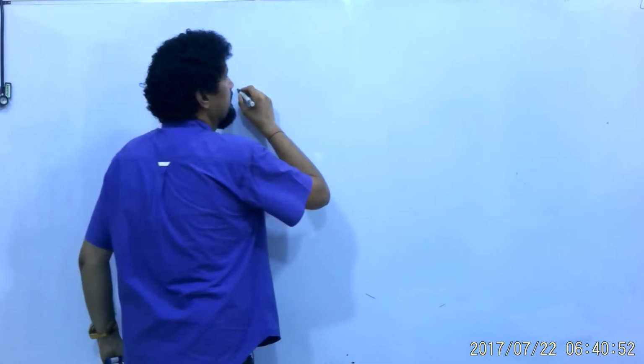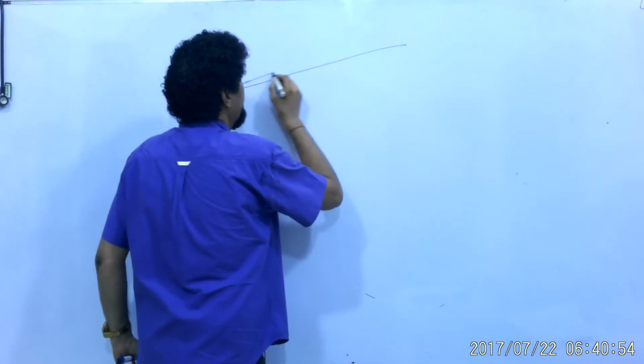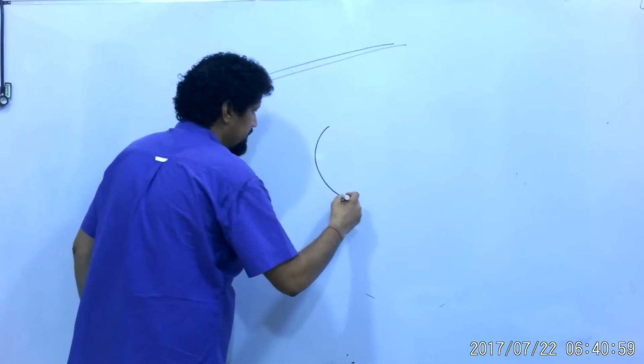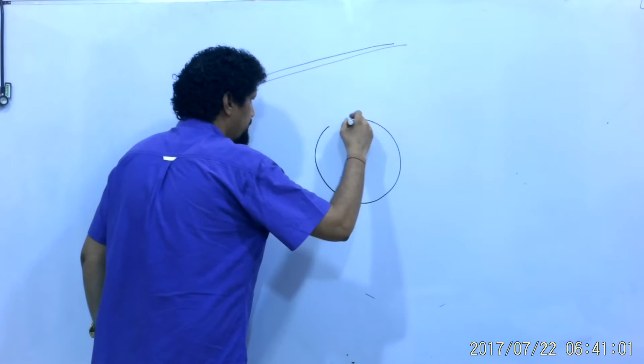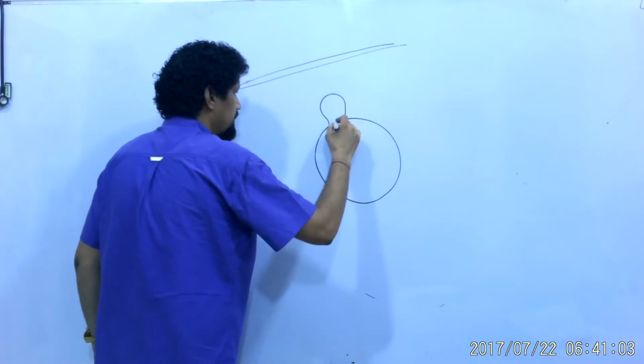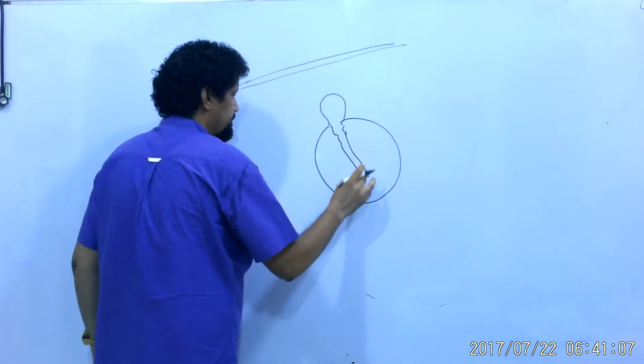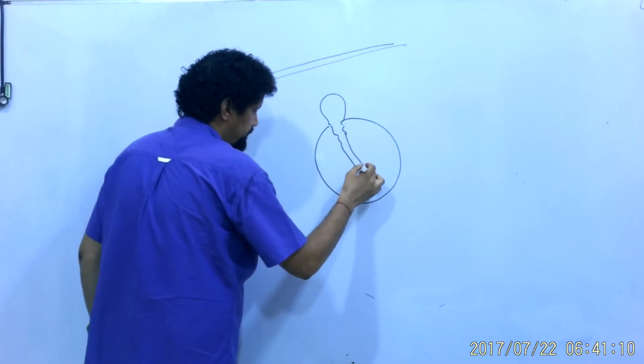So again this is the tegmen tympani and this is the tympanic membrane, the malleus, the handle, this part is the umbo.